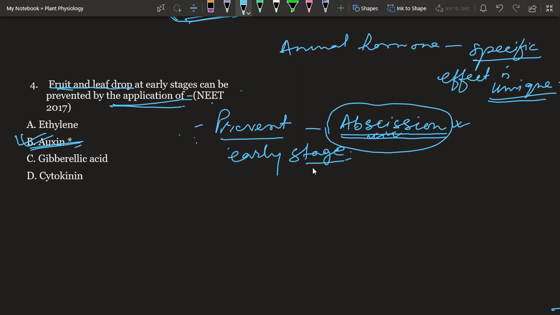But in the case of mature organs, at a later stage, when a leaf is old, auxin will promote abscission.